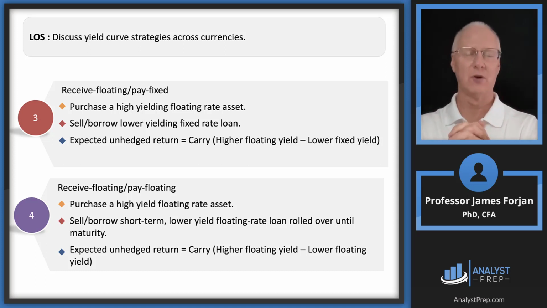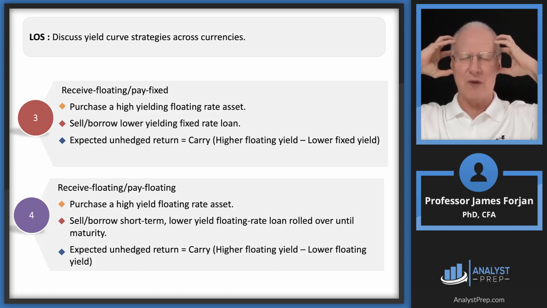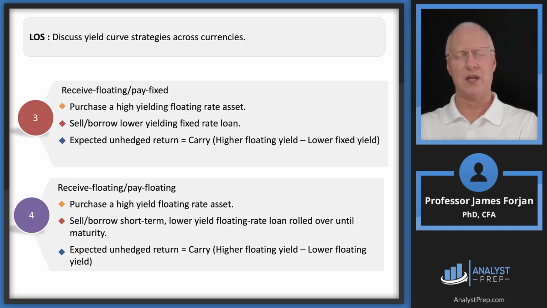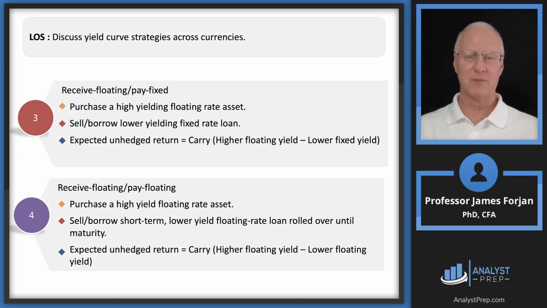But this is what my editorial I mentioned just a few moments ago. You try to wrap this around your brain and you say, okay, I'm going to do this. I'm going to borrow at 5% and I'm going to invest at 10%. That ought to work out every time. Should be an arbitrage opportunity, but it doesn't work that way because there are lots and lots of people out here who are trying to do the same thing.